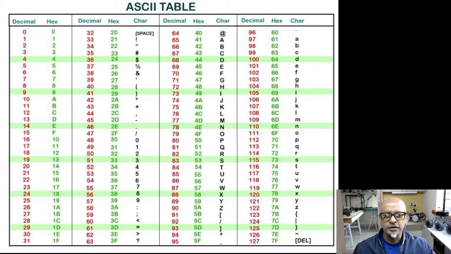Yes, 66, and it says the character is uppercase B. So this is how a character works in C++ programming or in Arduino, guys. Try to understand this and make this foundation very strong. If you need more information about the ASCII table, tons of info are available on Google. You can just search ASCII table, and you will get the details.